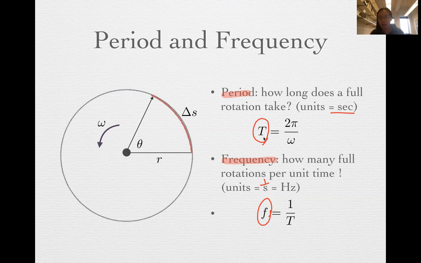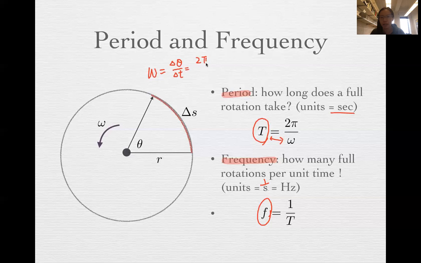The period is also related to omega, because you can think about the meaning of angular velocity: the change in displacement over the change in time. If the displacement is 2 pi, then the time it takes to rotate 2 pi is T. So T is 2 pi over omega.